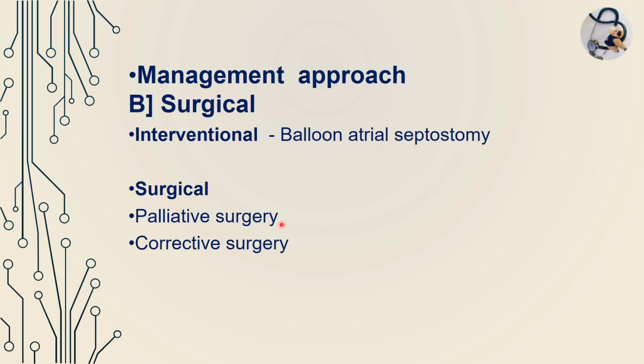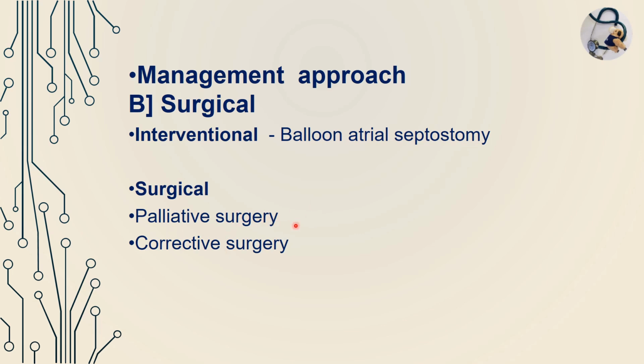So just putting shunts, but they do not correct the structure, because the child is not yet ready, sometimes the child's condition is not good, sometimes the weight is not good, sometimes the hemoglobin is too low.